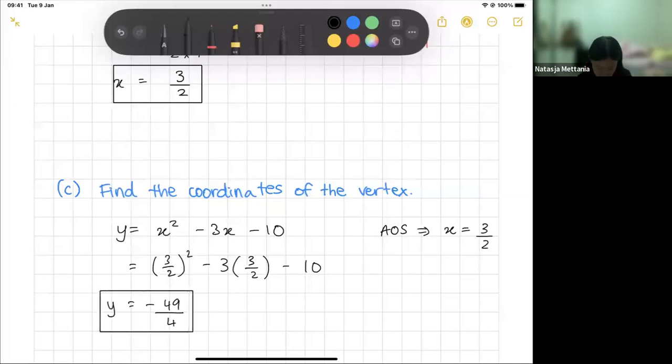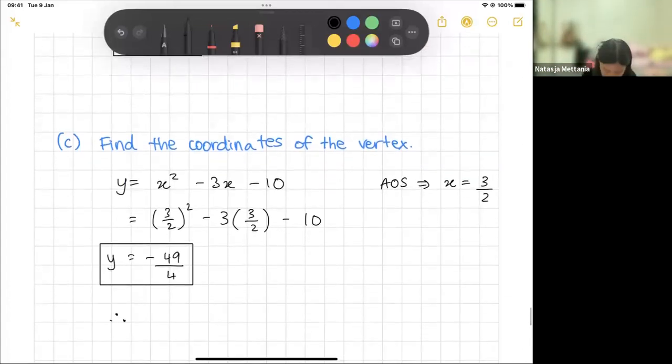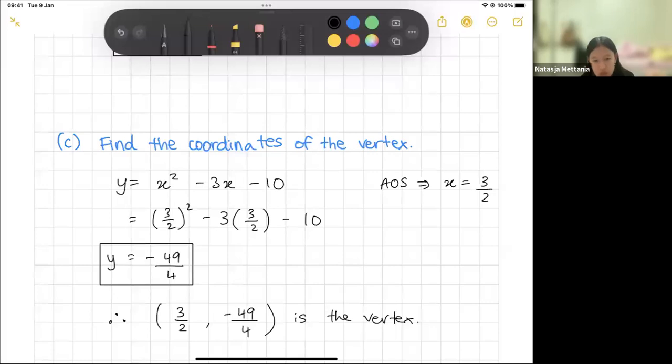So therefore my coordinate should be first my x, which is 3 over 2, comma, negative 49 over 4. That is the vertex. That's how I find my coordinates.